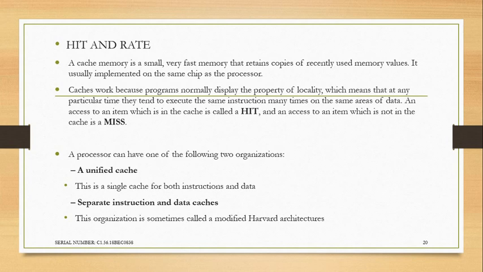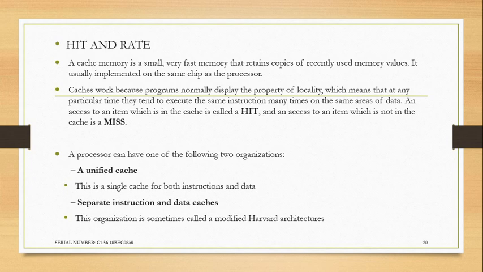An access to an item which is in the cache is called a hit, and an access to any item which is not in the cache is a miss. The instructions start accessing from level 1, level 2, level 3 and go on to the main memory.